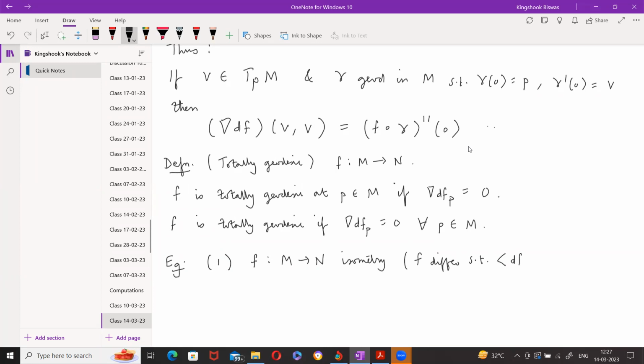So inner product of DF_P V and DF_P W is equal to the inner product of V and W, for all V, W in T_P M, P in M.